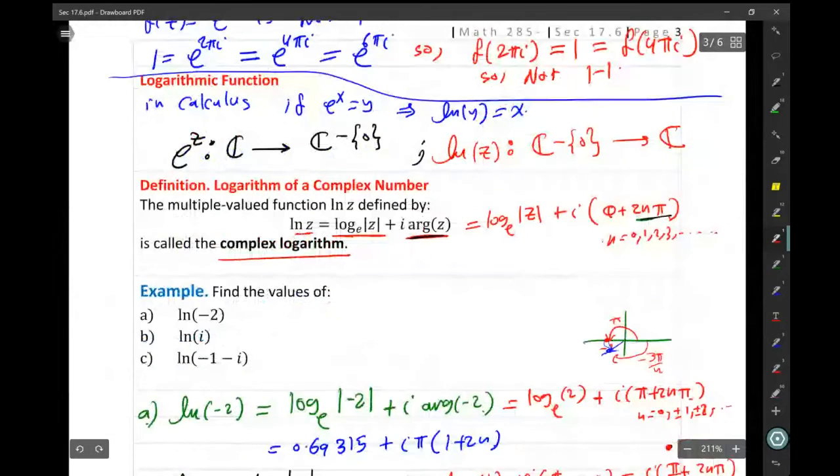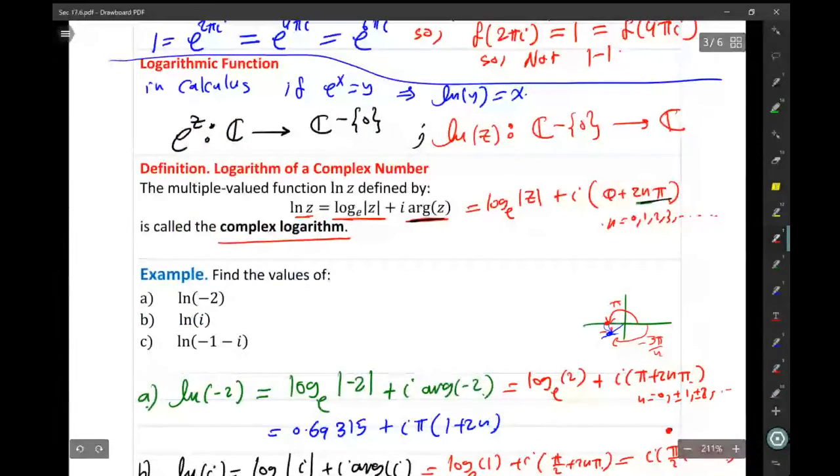Also, we studied the definition of the logarithm of complex numbers. We have two logarithms. The small ln of z is equal to the logarithm of the absolute value of z with base e, plus i times the small argument.